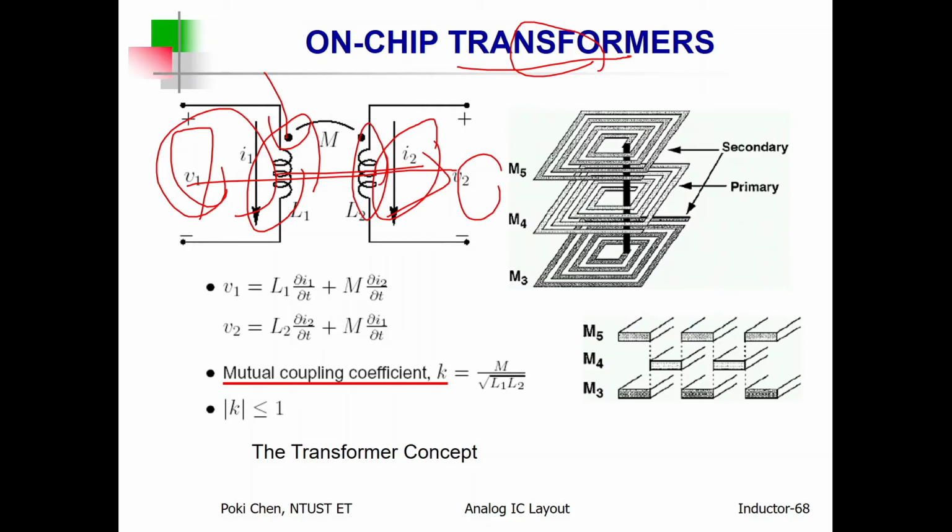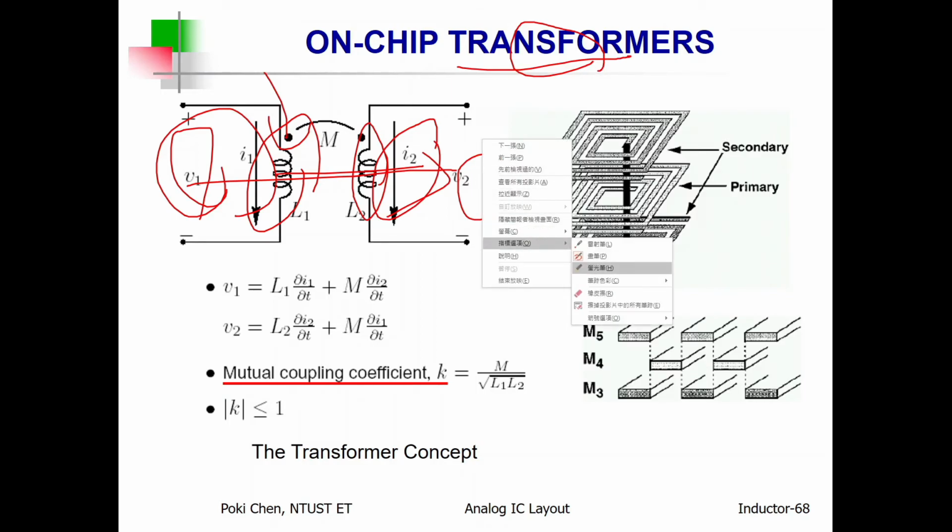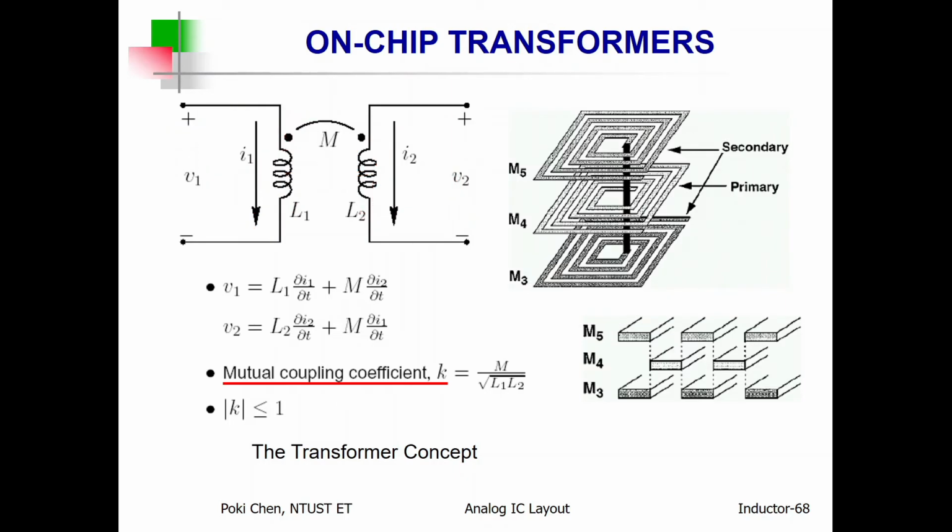Then how to do such kind of on-chip transformer layout? Yeah, piece of cake, right? For example, you have the primary inductor in the middle, and you have secondary inductor to the top and to the bottom. Then you will get such kind of mutual coupling coefficient K as large as possible. In this way, maybe the K factor will be close to 1.